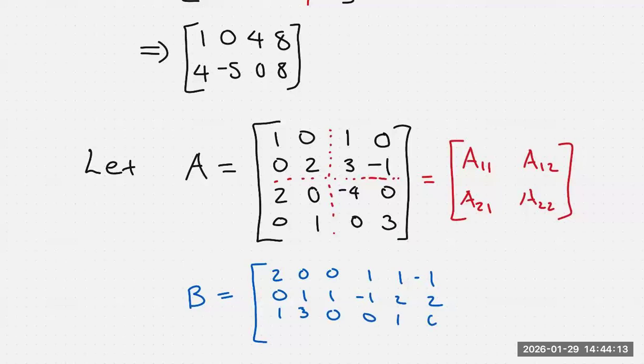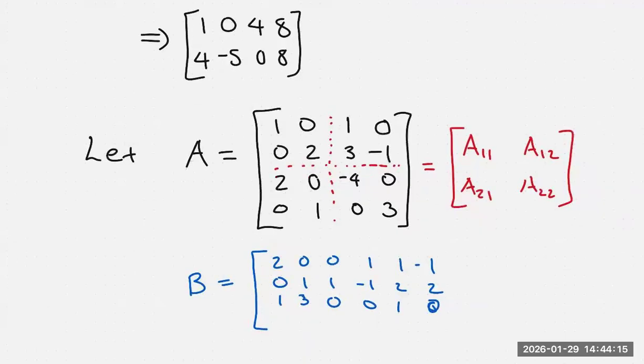And finally, oops, negative 3, negative 1, 2, 1, 0, negative 1. All right.